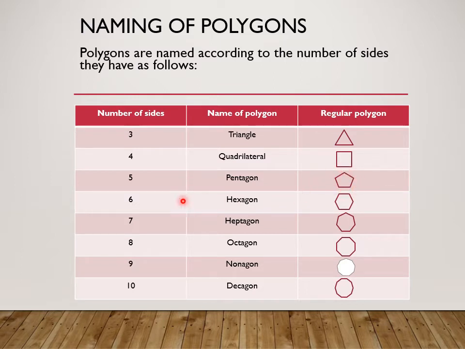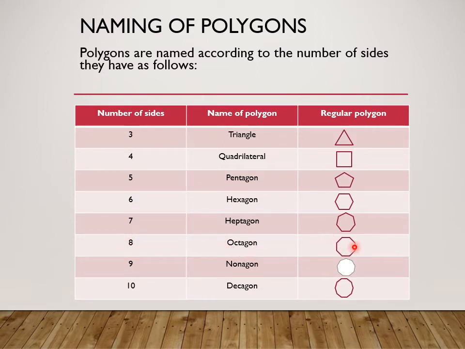If a polygon has 6 sides, it's called a hexagon, and this is the regular form of it. If it has 7 sides, it is known as a heptagon, and this is the regular shape of it. If it has 8 sides, we call it an octagon.